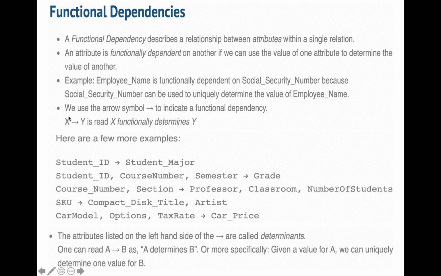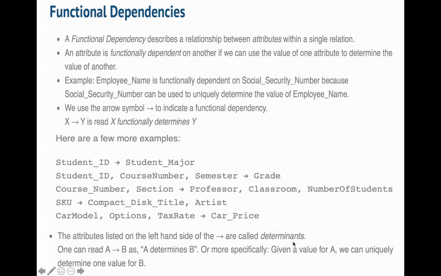So X arrow Y is read as X functionally determines Y. So Y is determined by X. The attributes on the left-hand side are called determinants. They determine the value of the attribute on the right-hand side.